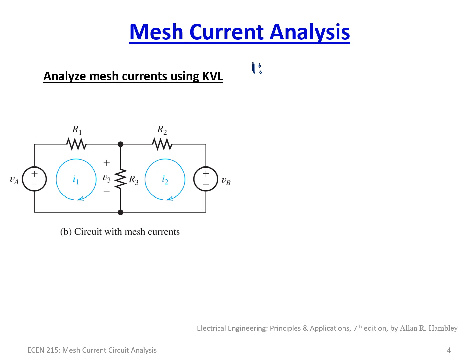So let's take a look here. We'll start with VA, so we got minus VA. We'll follow the arrow, so the arrow is going this way. Then we come to this R1, and the only current going through R1 is I1. So we're going to go plus, using Ohm's law, R1 times I1.